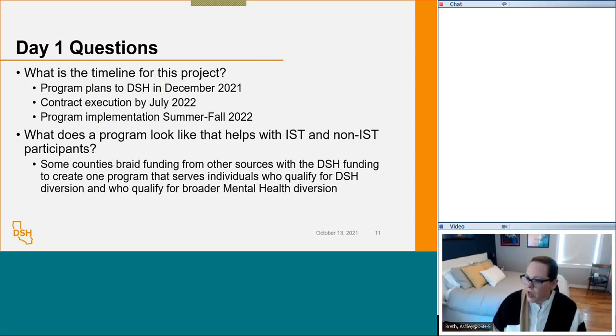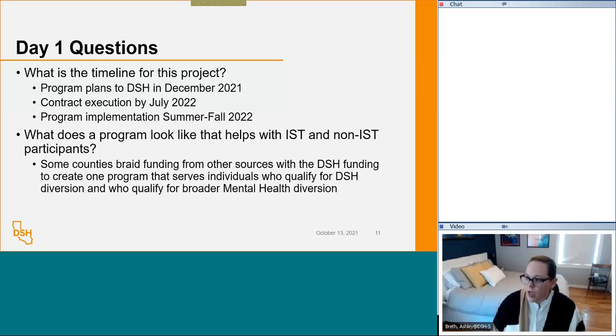And final question, what does a program look like that helps with both IST and non-IST participants? As Hallie had said earlier, this is where you have to start looking at this. This program is a funding stream for a particular population.